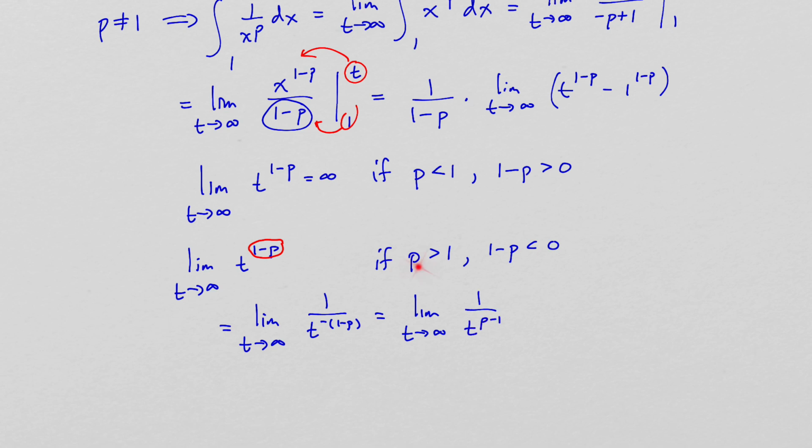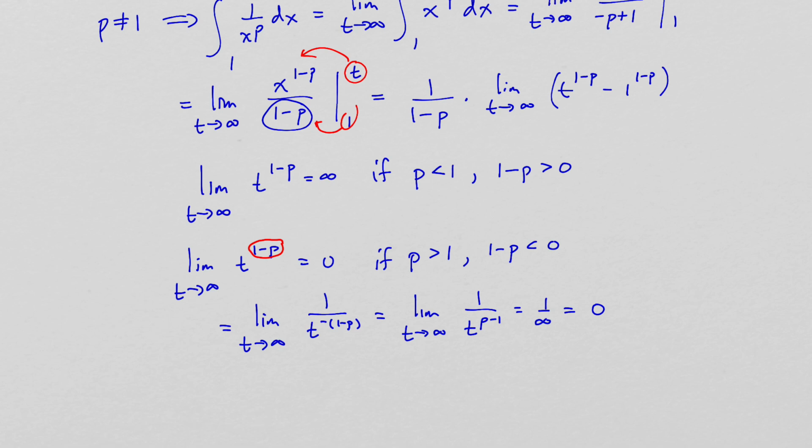But again, if p is bigger than 1, this exponent now will be positive. And if this exponent is positive, as t goes to infinity, infinity to a positive power is infinity. So you can think of this as being 1 over infinity, which would be 0. So this limit here is equal to 0 if p is greater than 1.